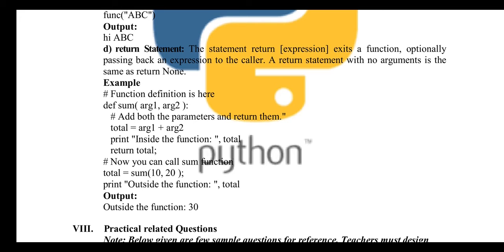After that we are going to print the value of total, and after that we are returning the value of total. Now after the end of the function, I am going to call the function. See here, that is total. This total variable is outside the function, so there is no relation between this variable and the variable inside the function. Both are different.